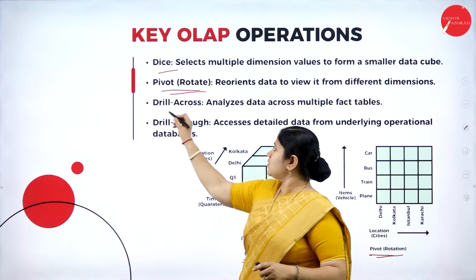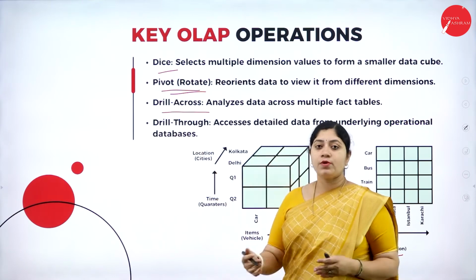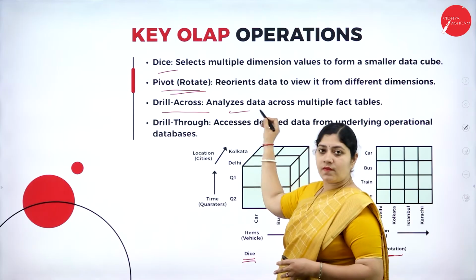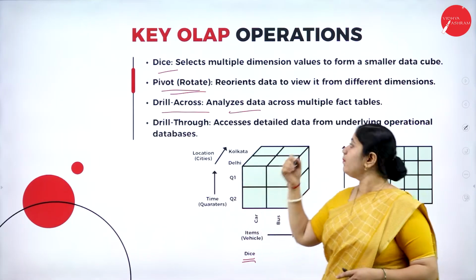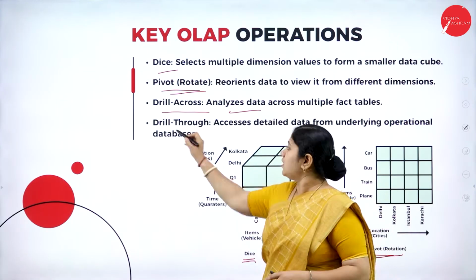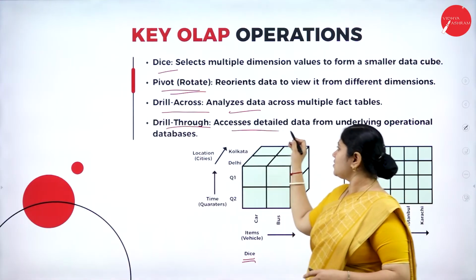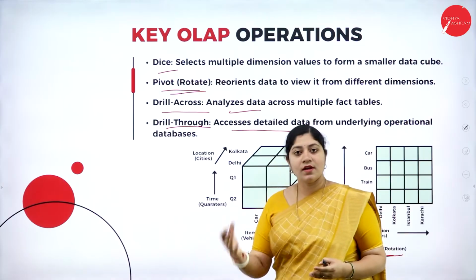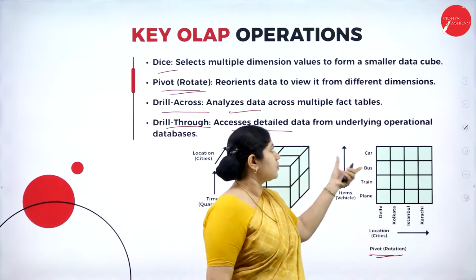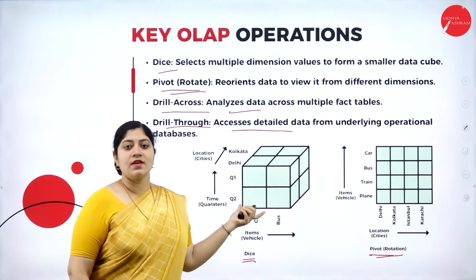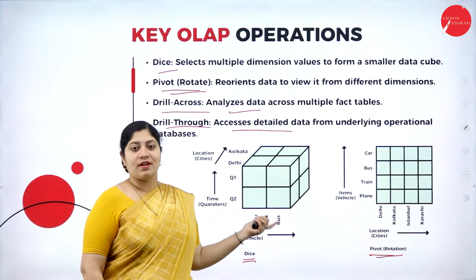Next one is drill across, which supports the analysis of data or information from multiple fact tables. Next one is drill through, which accesses detailed data from underlying operational databases. So these are the various OLAP operations that are considered.